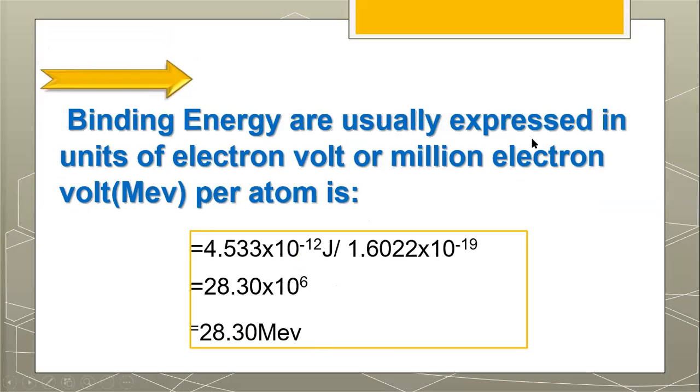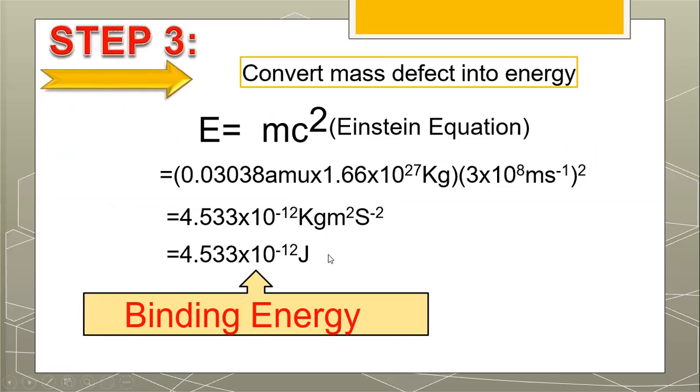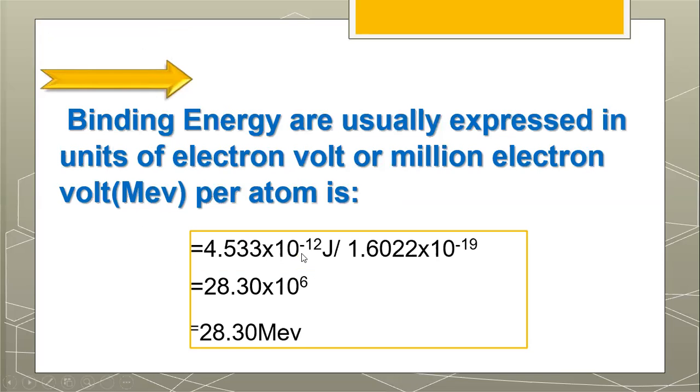Binding energy is usually expressed in units of electron volt or mega electron volt per atom. To get the value in mega electron volt, we will divide the value of binding energy, not divided by 4, that is 4.533 multiplied by 10 raised to power minus 12, by the value of the charge of an electron, that is 1.6022 multiplied by 10 raised to power minus 19.